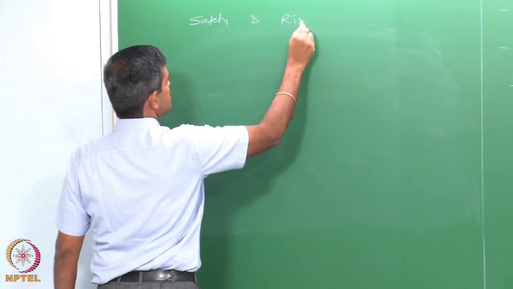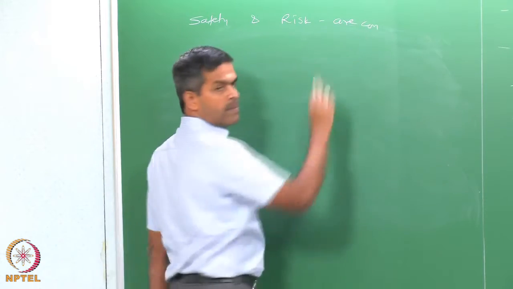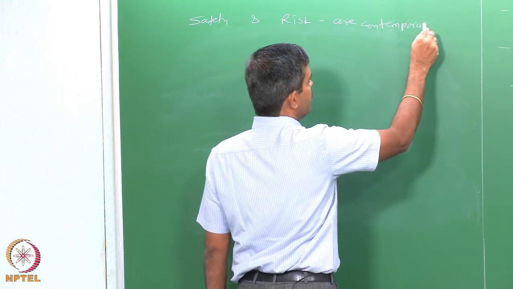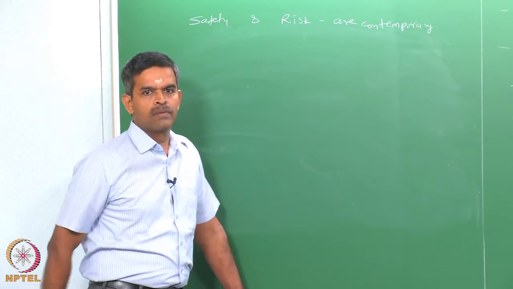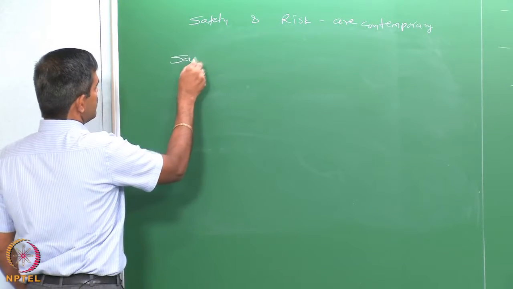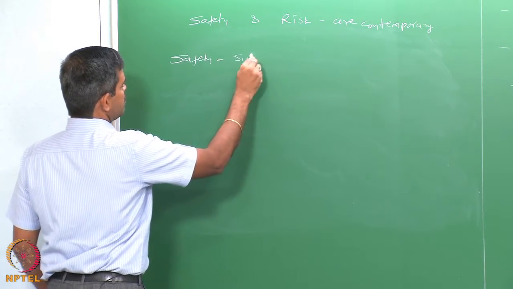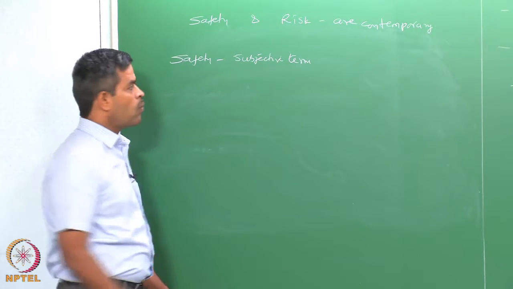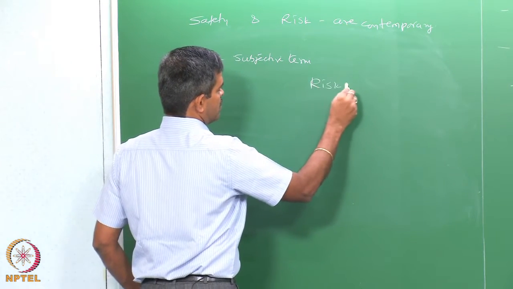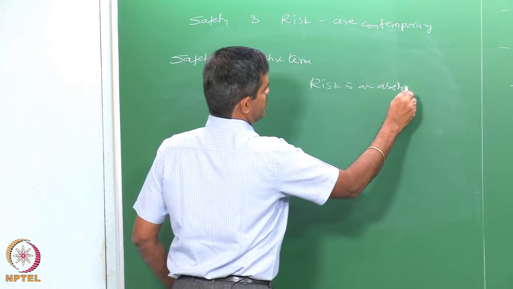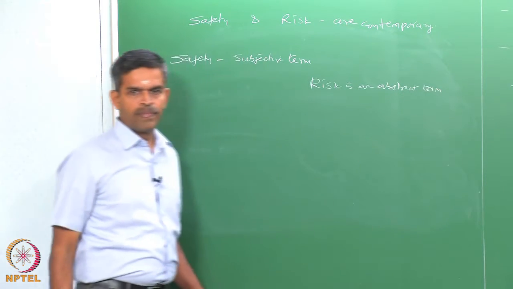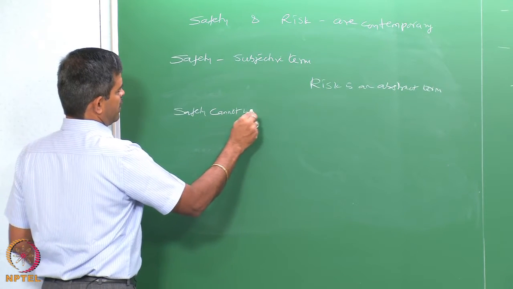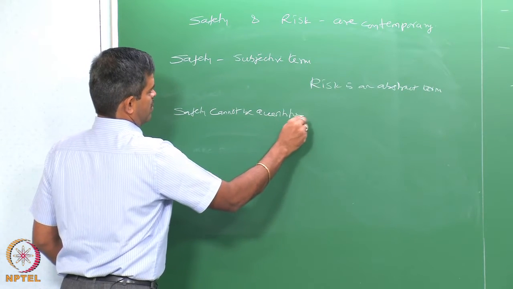Safety and risk are actually contemporary. Safety is a subjective term, while risk is an abstract term. Safety cannot be quantified directly.